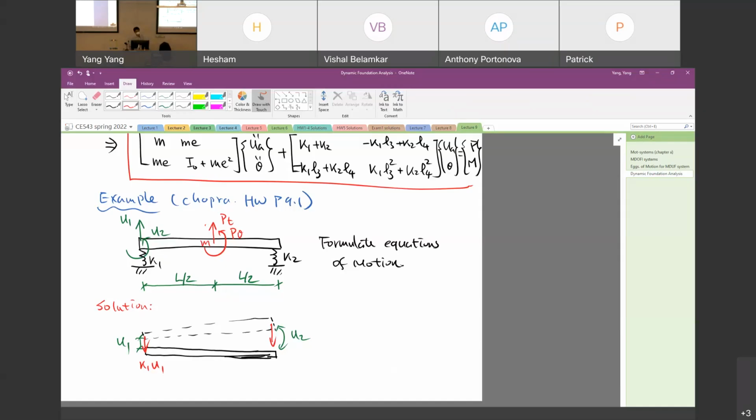That's easy. How about the spring force at the right end? It should be equal to K2 times the elongation of that spring. What is the elongation of that spring?